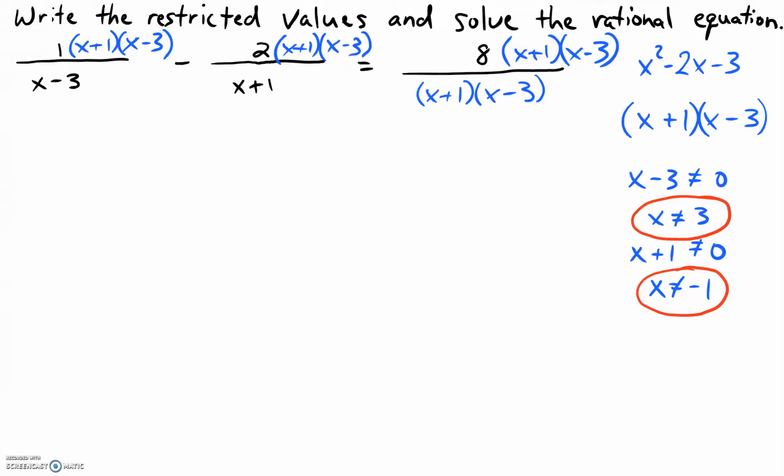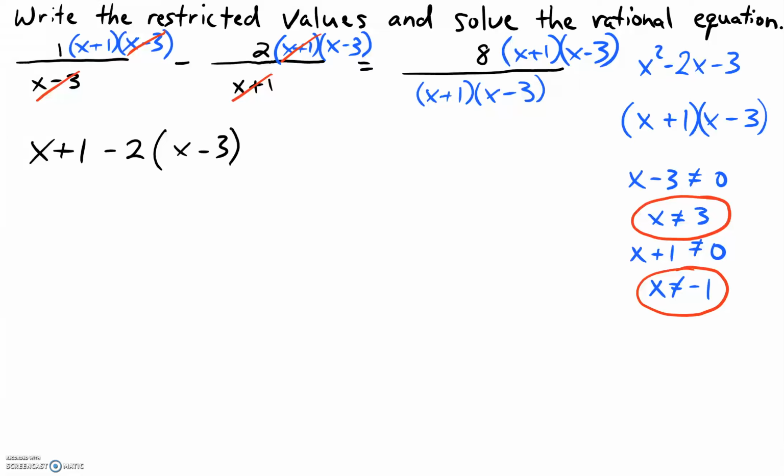Now looking at our first term, we have an x minus 3 on top and bottom, so that's going to cancel. That's going to leave us with 1 multiplied by x plus 1. But of course 1 multiplied by anything is just itself, so we can write that as x plus 1. In our second term, we have an x plus 1 on top and bottom. So those are going to cancel each other out, and that's going to leave us with negative 2 multiplied by the x minus 3.